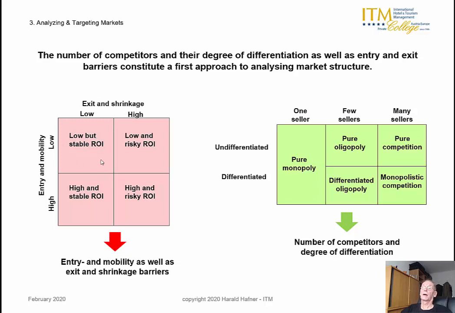So an organization like a travel agent can make a lot of money, but it relies on economies of scale. Small agencies do not survive, large agencies do. If we move to the right-hand side, where the entry barrier is low and the exit and shrinkage barriers are high, we have low and risky return on investments.